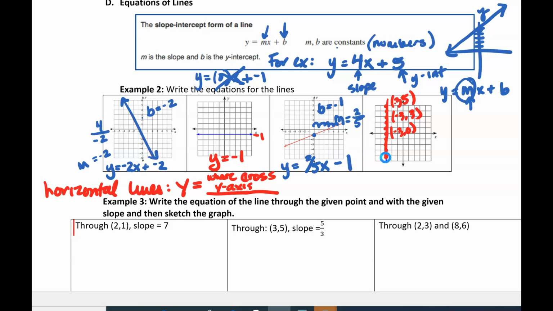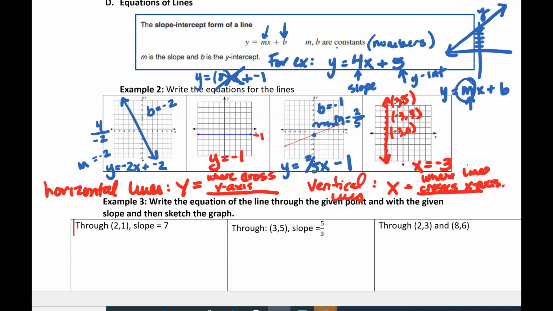Every single point on this line has an x value of -3 because it crosses the x-axis at -3. So the equation is x equals -3. Vertical lines always have equations that are x equals some number, and the number is where the line crosses the x-axis.